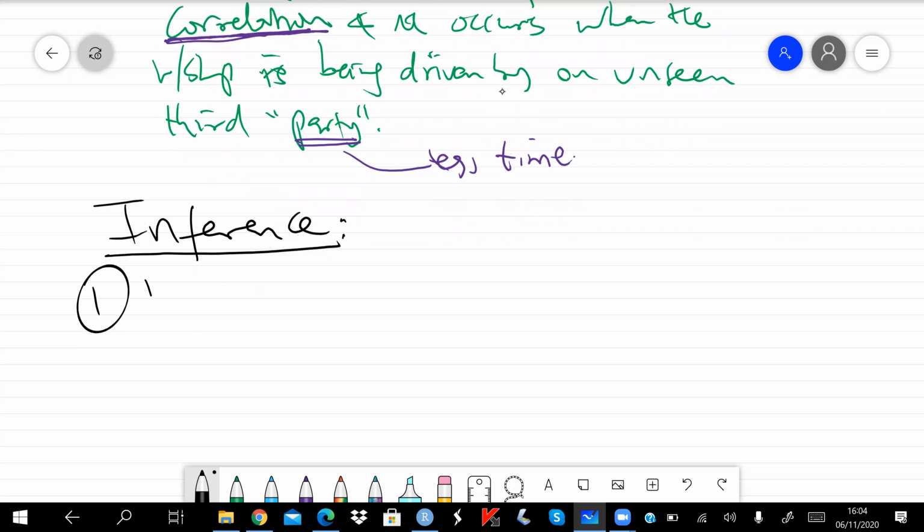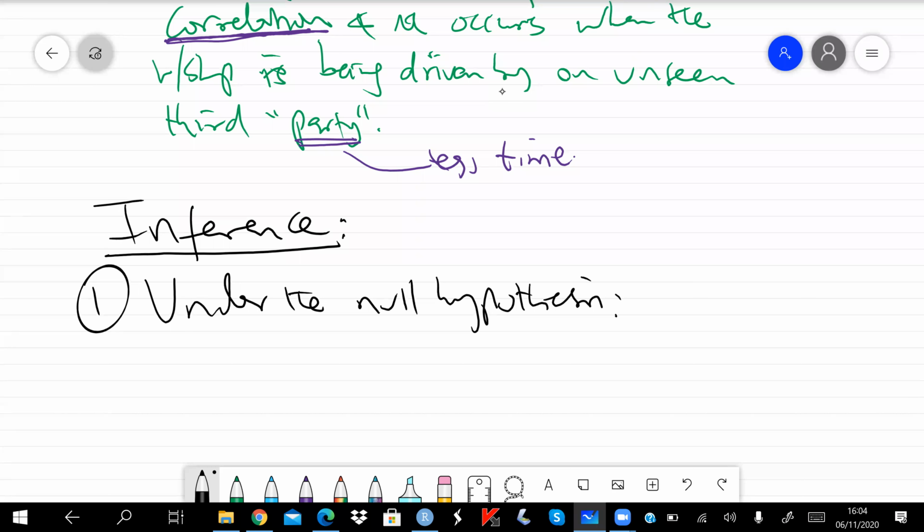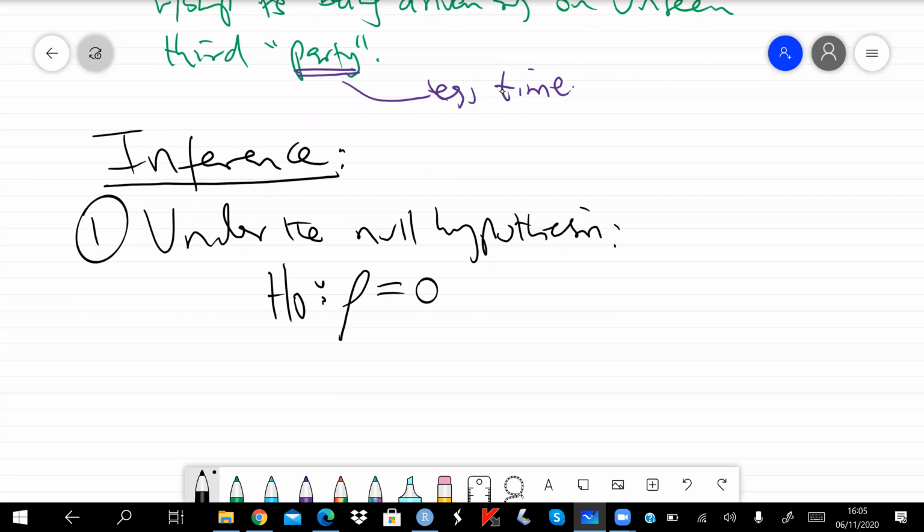Number one, under the null hypothesis H naught that rho, the population correlation coefficient, is equal to 0, which means that the two variables are not correlated, they're independent.